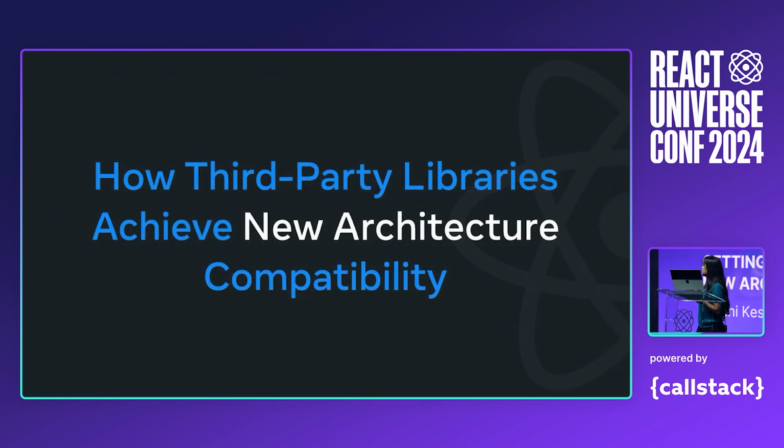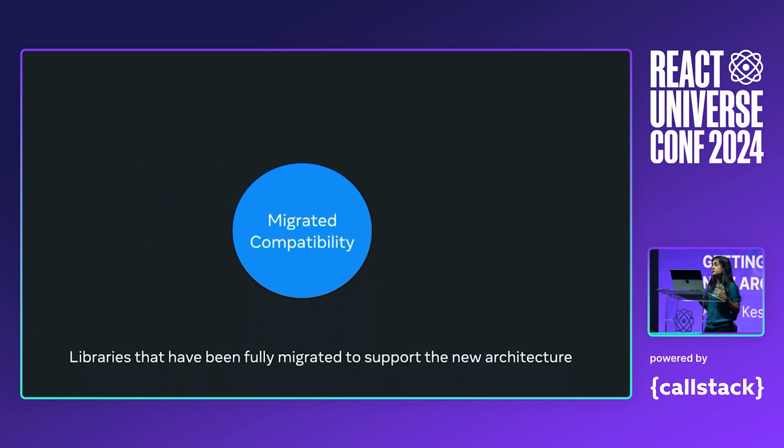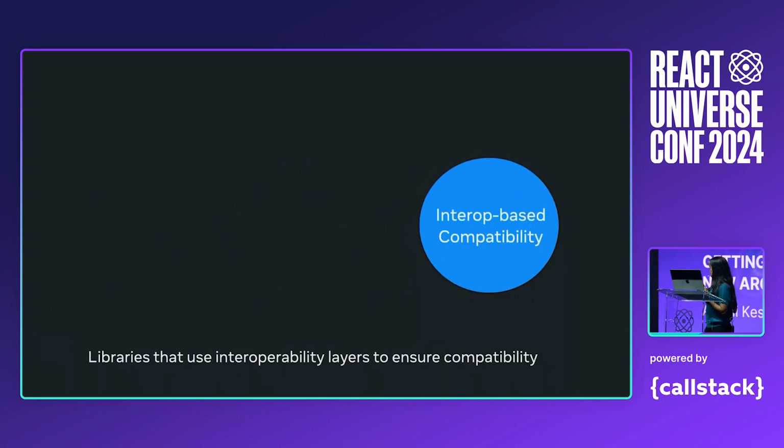Now, these third-party libraries have different ways of being compatible with the new architecture. Some of those libraries just worked out of the box. They're mostly pure JS libraries that are simple to adopt to the new architecture, whereas other libraries have been fully updated to support the new architecture, thereby achieving migrated compatibility. And then there are some other libraries that can achieve this via the interop layers.